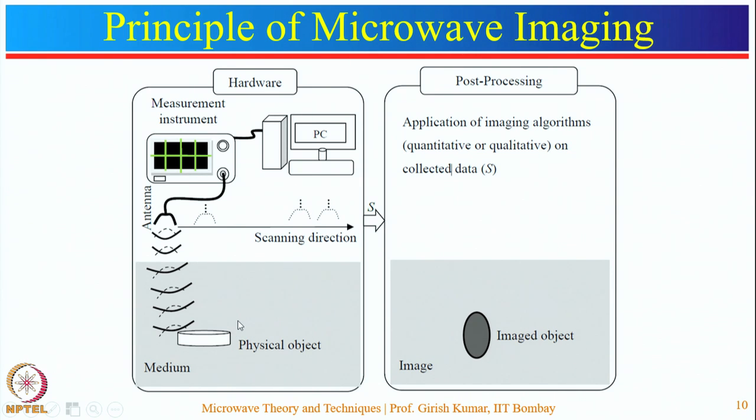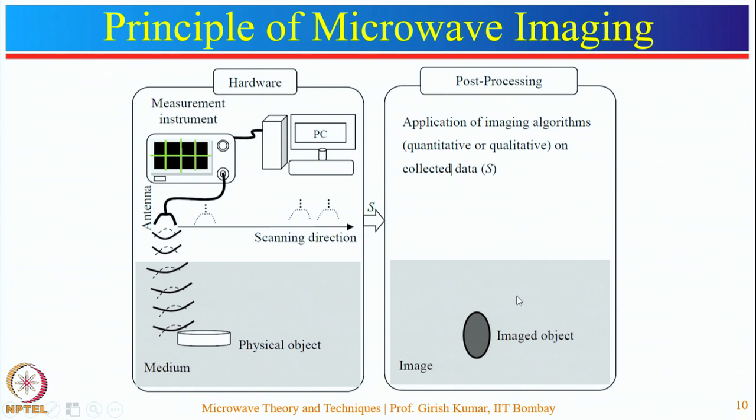Therefore a single antenna should be used and it should scan the overall area, and the mapped data can be collected in terms of a coordinate system, which can be further post processed using software and various imaging algorithms to construct the unknown object image profile.